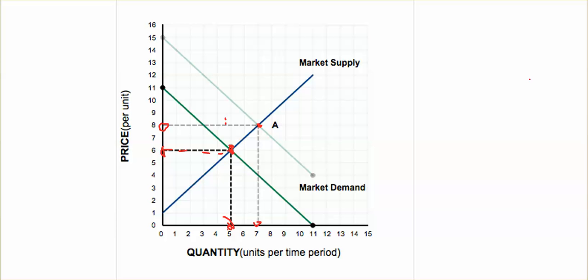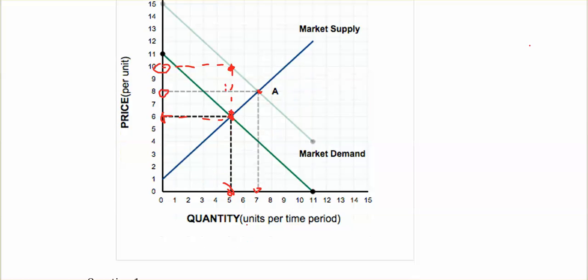Now, at quantity 5, the intersection between this vertical line and the social demand curve is here, this point. And corresponding to this point, we found that the price is $10.